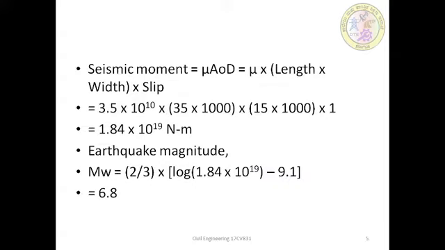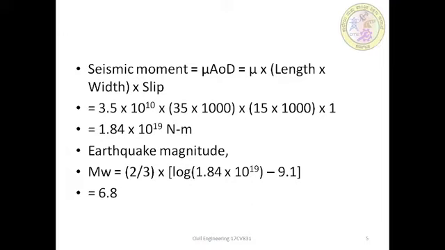So now as far as the seismic moment equation, it is M naught equals mu times A naught into D. Here mu is the modulus of rigidity, which is given, and A naught is the area of the ruptured fault, that is length into width of that ruptured part, and D is the slip.